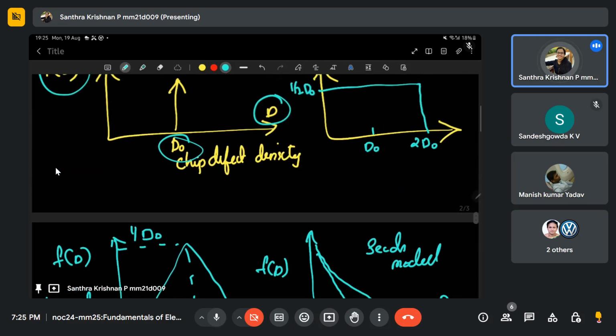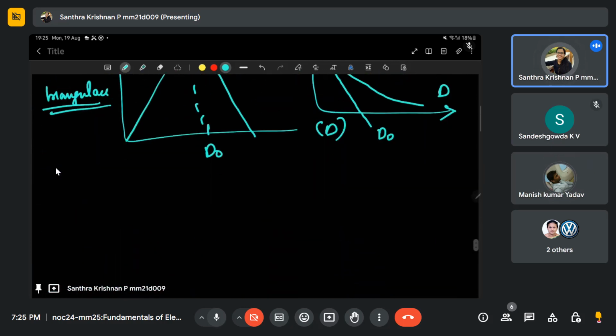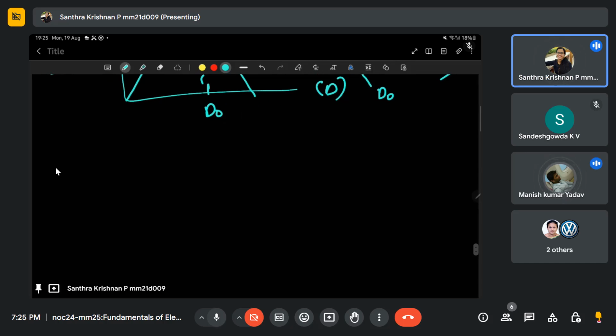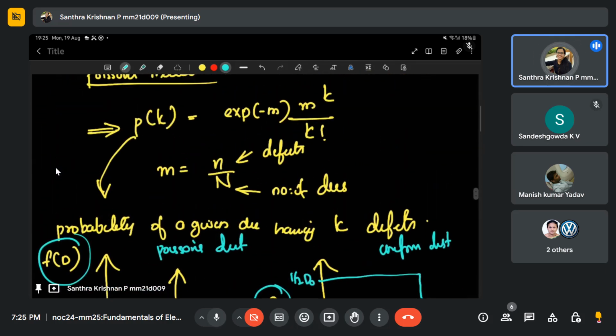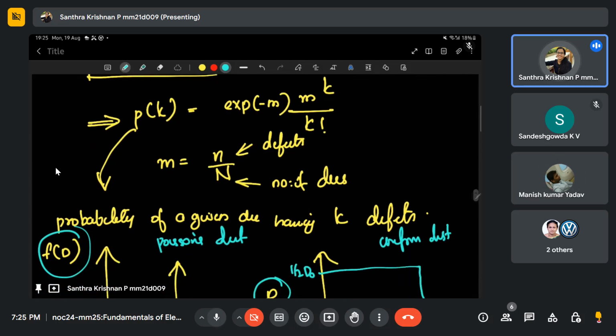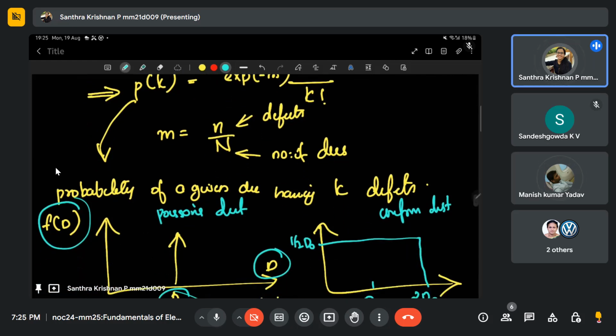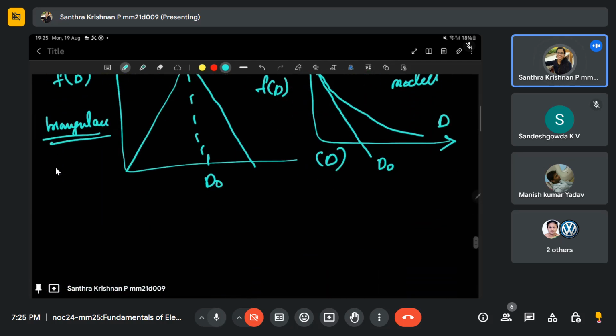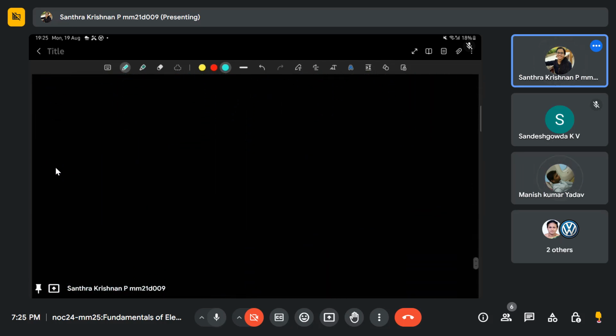So there will be different distribution functions. Basically, it helps us in predicting. Suppose you have n number of chips in a wafer, you can predict the number of defects. We discussed the probability of a given die having so and so number of defects. That is what these functions help us in identifying.